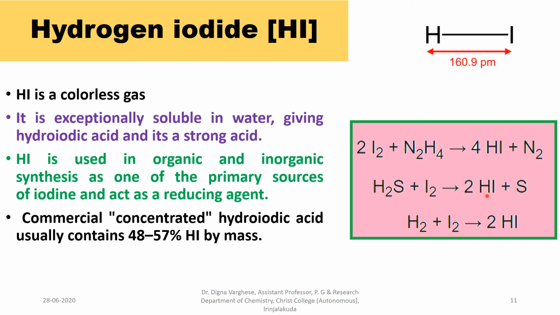If the product contains water, to get pure hydrogen iodide we simply distill the mixture. The third reaction is the direct combination of hydrogen and iodine, giving hydrogen iodide.